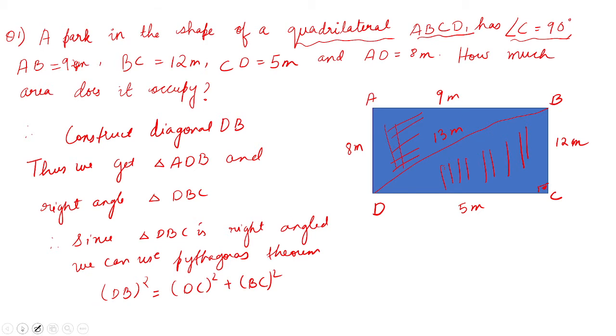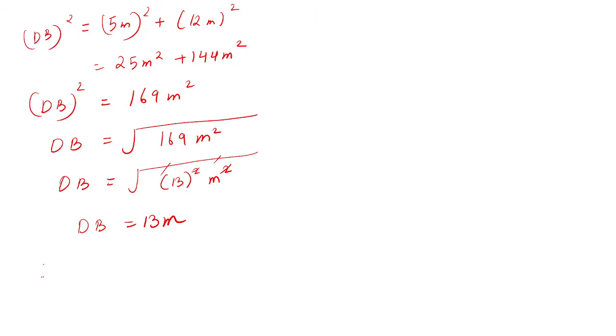Therefore I will start with the first triangle, that is DBC. Clear? So DB we found as 13 meter, BC is given as 12 meter, and DC or CD is given as 5 meter.